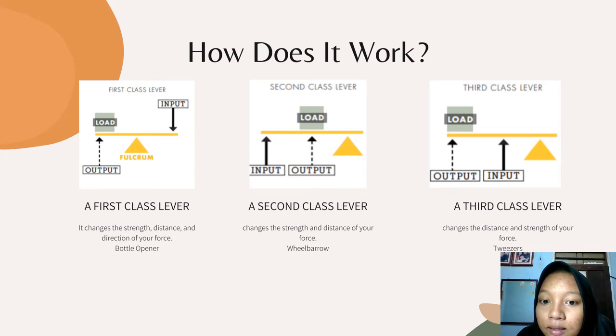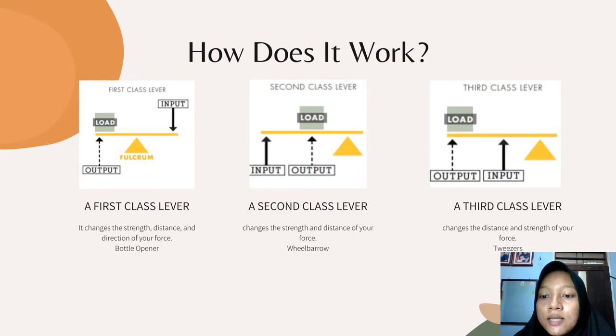For the second class lever, it changes the strength and distance of your force. The example is a wheelbarrow. The output force or the load being moved is in the middle between your input force and the fulcrum, as we can see in the picture. For the third class lever, it changes the distance and strength of your force.